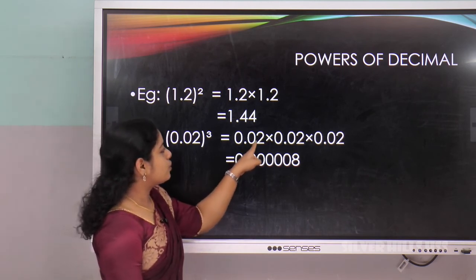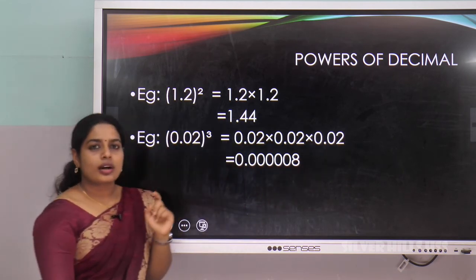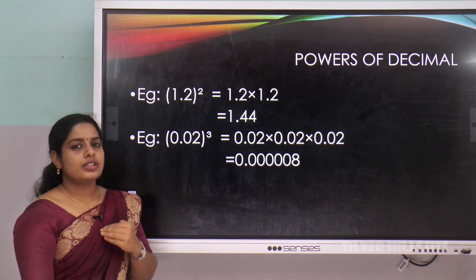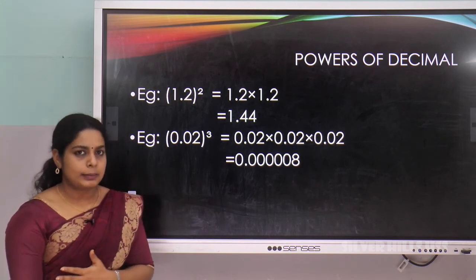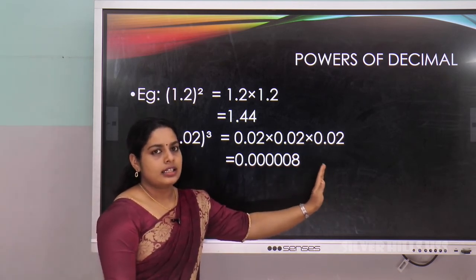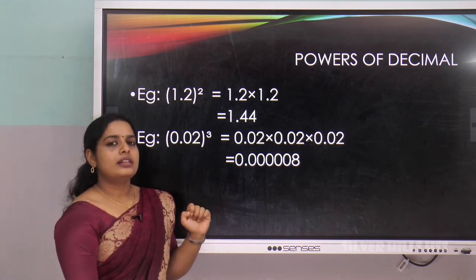Here we have 2 decimal places each. Again 2 plus 2 plus 2, in total we have 6 decimal places. That means our answer should also contain 6 decimal places, that is, from the right side, after 6 digits put a point.